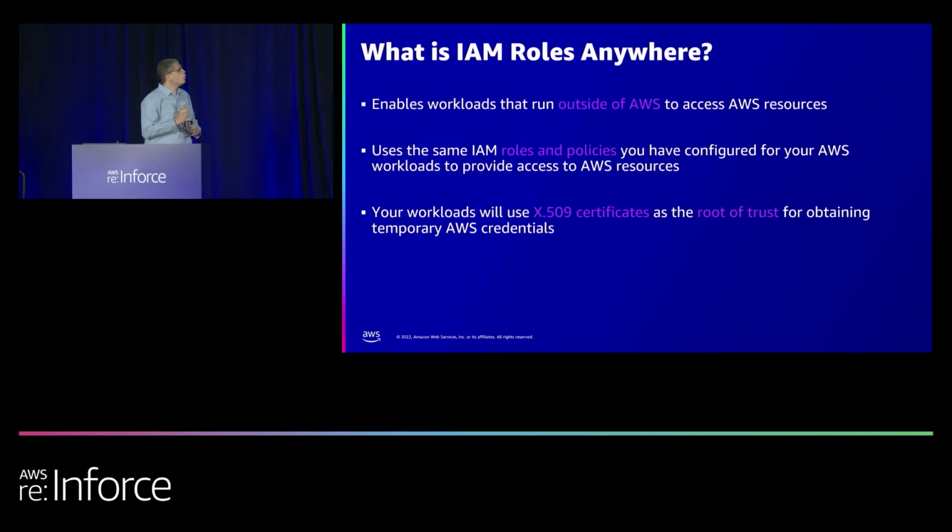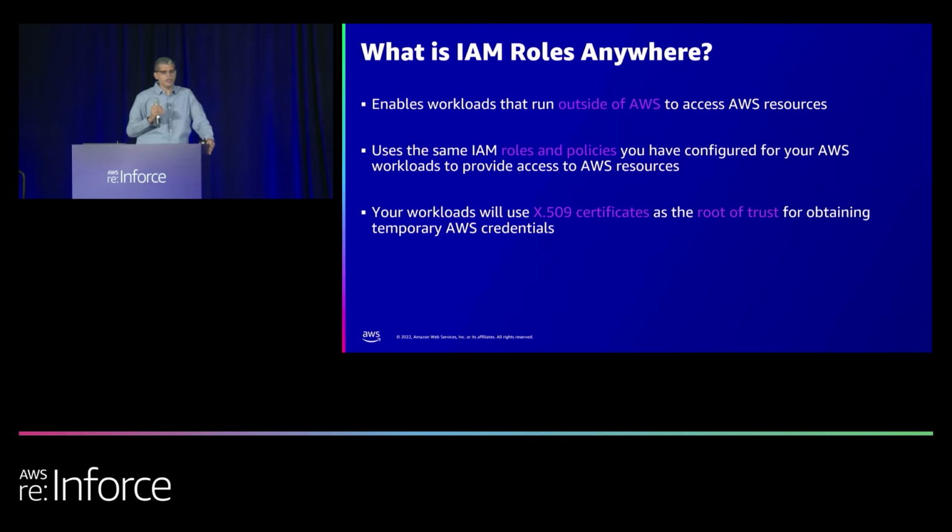Now, the question: what is IAM Roles Anywhere? So IAM Roles Anywhere is a new AWS Identity and Access Management capability that is available in most of our commercial region that was launched this month that enables your workloads such as servers, application, or containers to access AWS resources such as Amazon S3 buckets or Amazon DynamoDB databases, regardless where those workloads are running.